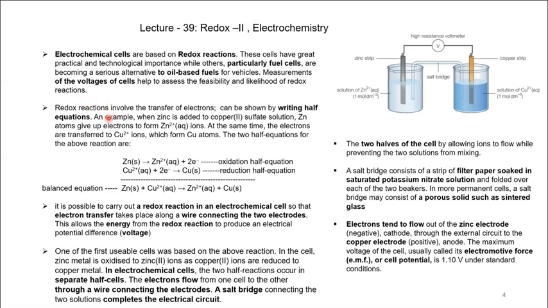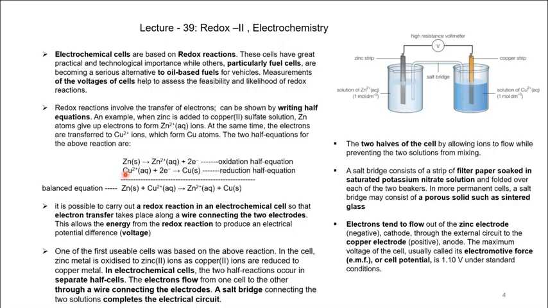So here we have shown the oxidation half reaction, the reduction half reaction, and the overall balanced reaction of zinc and copper. Zinc solid is oxidized to zinc aqueous ion, and two electrons are released. So it is an oxidation half reaction.